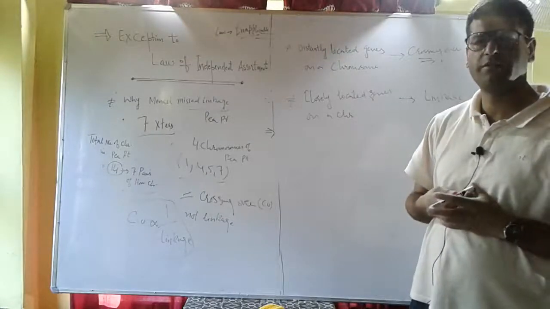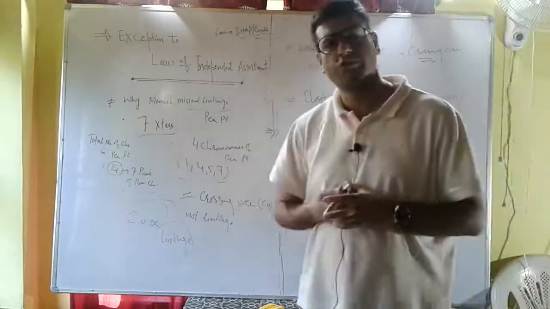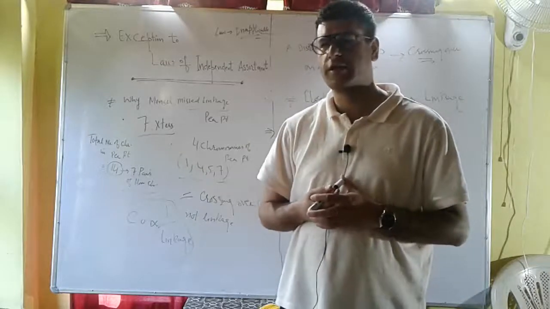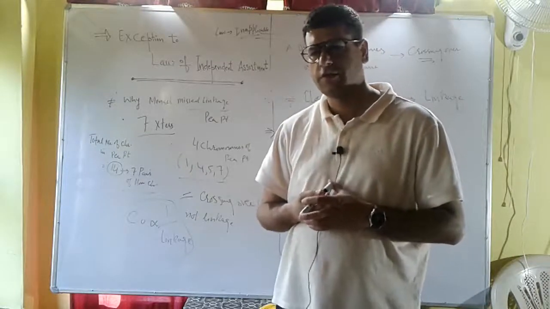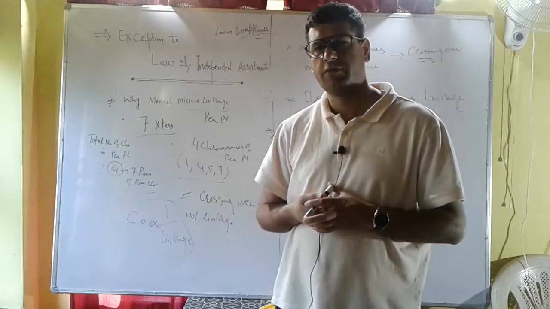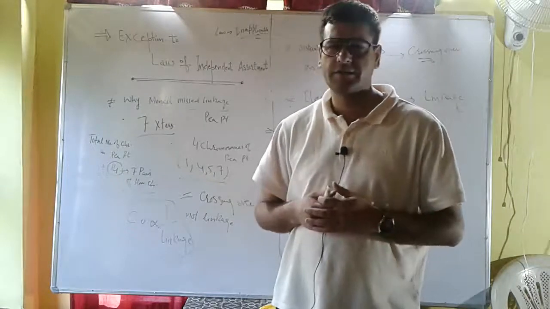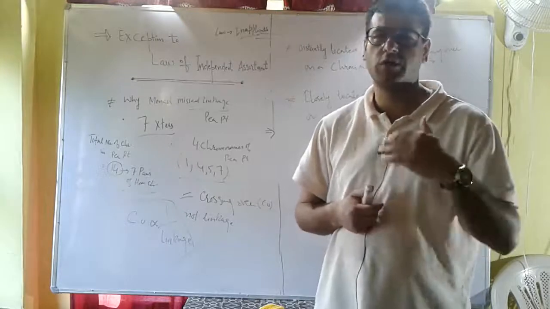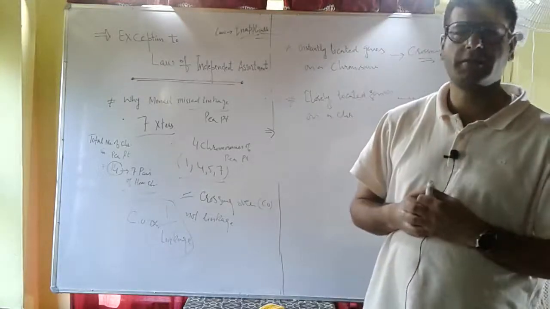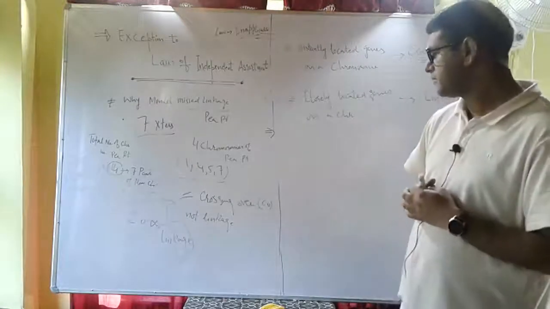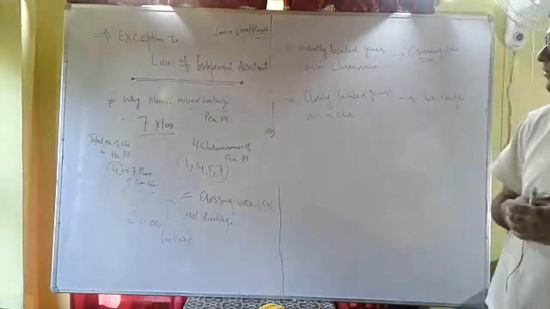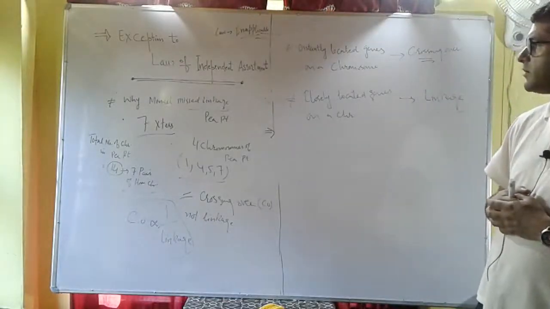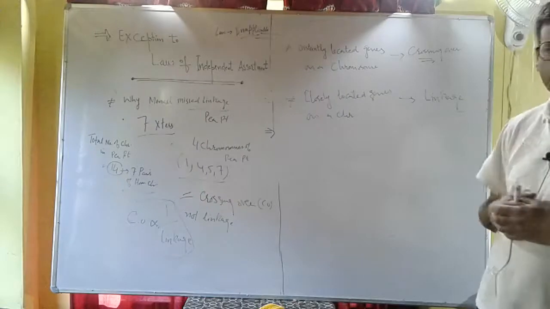That is why Mendel missed linkage, and he was fortunate enough to select the pea plant for his hybridization experiments. Because if there would have been linkage, then his calculations would have been complicated. So this linkage is an exception to the law of independent assortment.